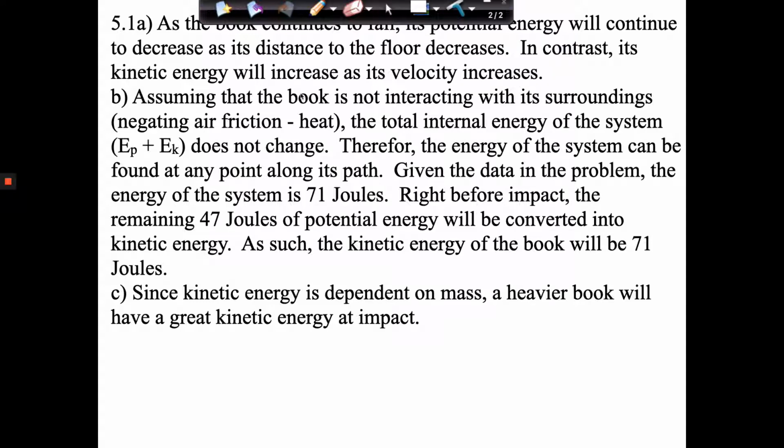And then letter B says, what is the total kinetic energy at the instant before it strikes the floor? The idea is that the amount of energy it has right before it hits the floor is whatever potential energy it had to start with, because at that moment all of the potential has been converted to kinetic.